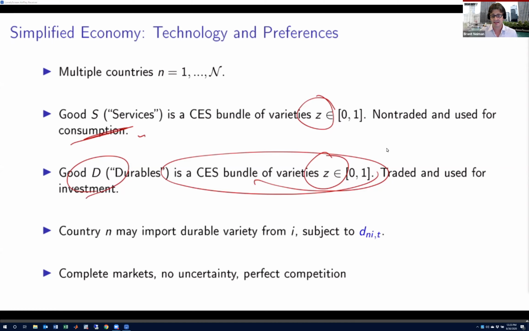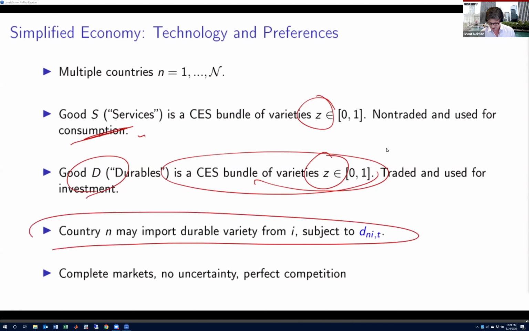What mathematically is the input that generates this notion of geography in the model? Well, I'm going to assume an iceberg trade friction, and actually here, I shouldn't be circling so much. Let me put a square around that particularly special term. The d_{ni,t} is an iceberg trade cost applying for goods purchased by n from i at time t.